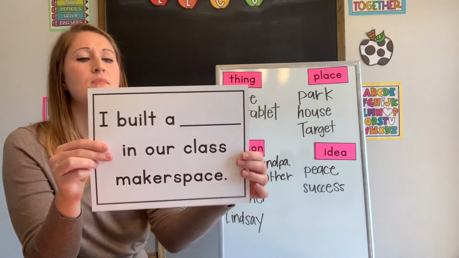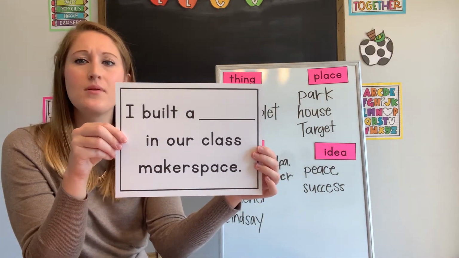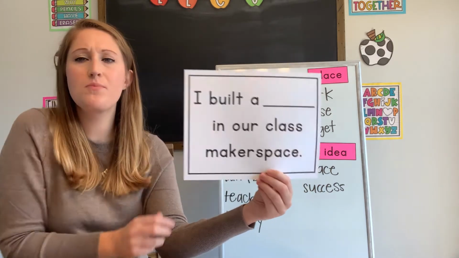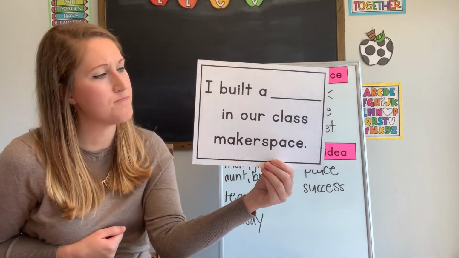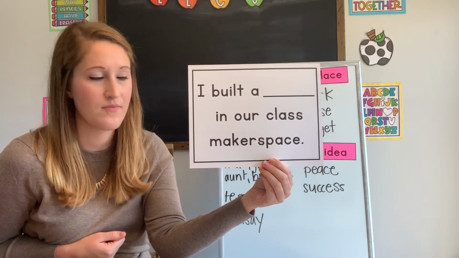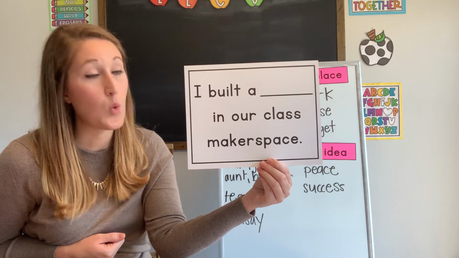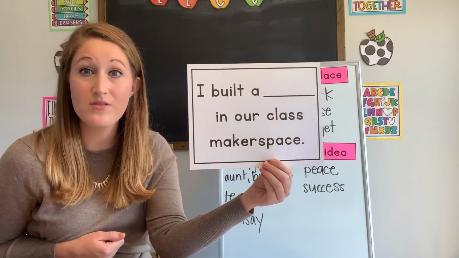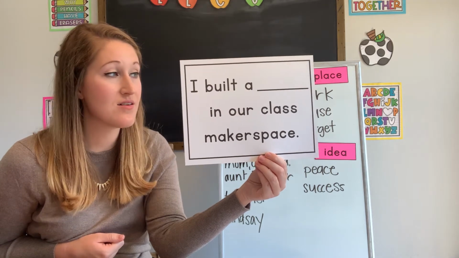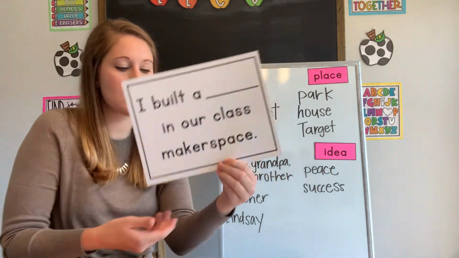What about this? I built a blank in our class makerspace. What did you build in your class makerspace? Ooh, okay, you could build a boat. Ooh, glasses, a ship, lots of different things that you could build.